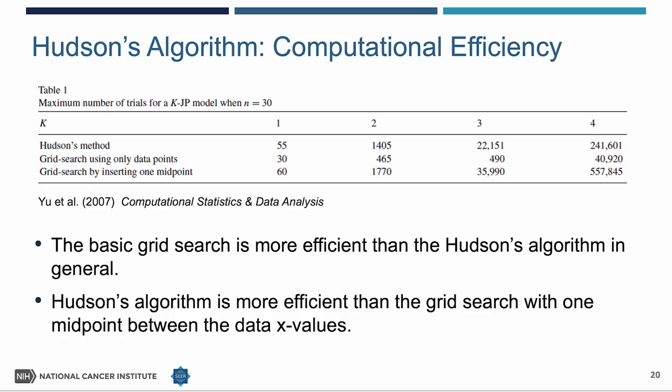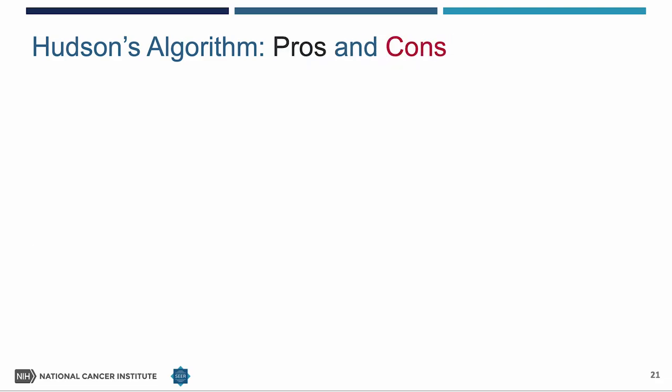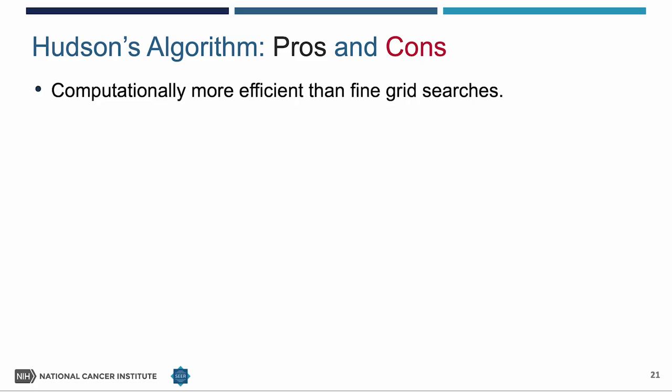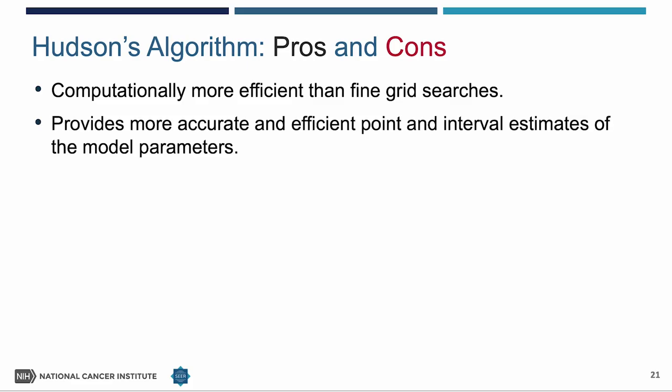But Hudson's algorithm is more efficient than the grid search with one midpoint between the data x values. Hudson's algorithm is computationally more efficient than fine grid searches and provides more accurate and efficient point and interval estimates of the model parameters.